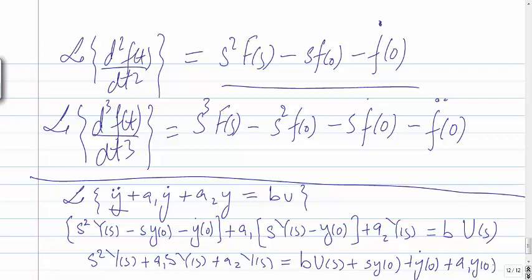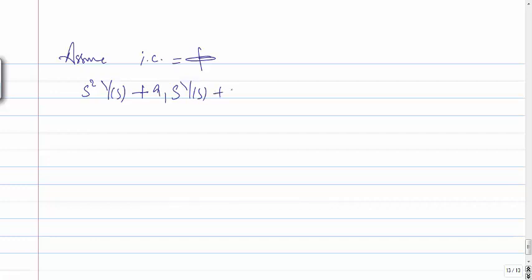So this is what we get. Now we have to plug in the initial conditions. So assume initial conditions equal to 0. In that case, it becomes s square Y of s plus a1 s Y of s plus a2 Y of s equal to b U of s.